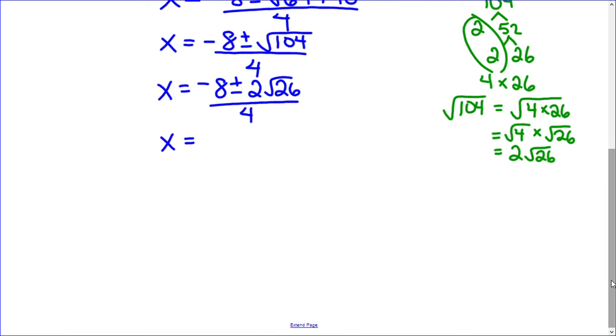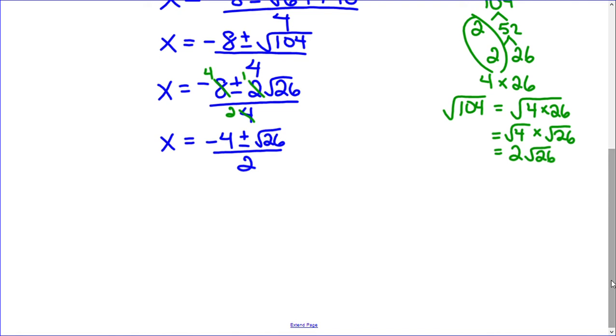Out of each one, 8, 2, and 4, they all go evenly into 2. So I'm going to reduce these numbers by dividing each one by 2. Now I'm going to write what's left over. So I've got -4 plus or minus 1 root 26, that's just root 26, over 2.